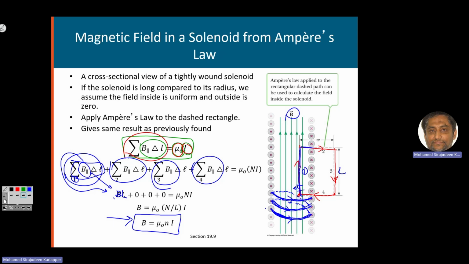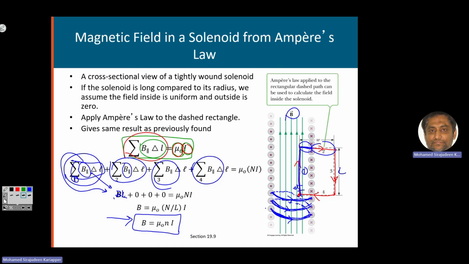What is the angle between them? Well, it's 90 degrees, right? So the magnetic field has no component parallel to delta L. That means this is 0. There is magnetic field inside, but it has no component parallel to delta L. Therefore, this part will have 0 contribution.